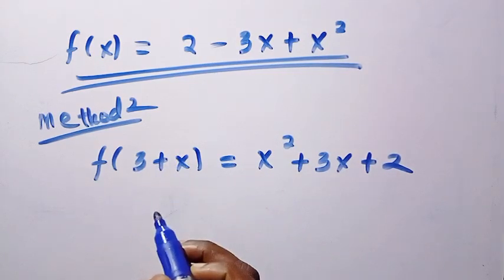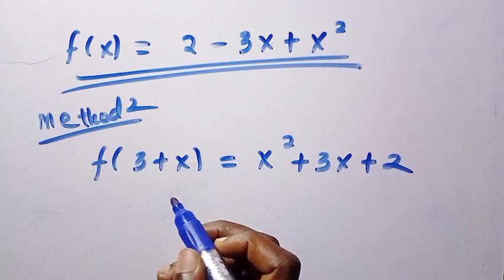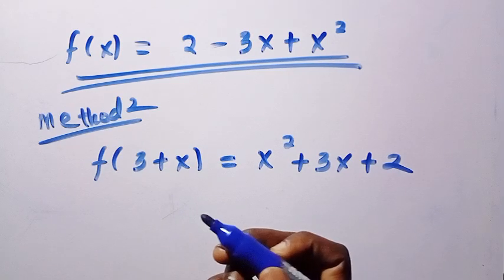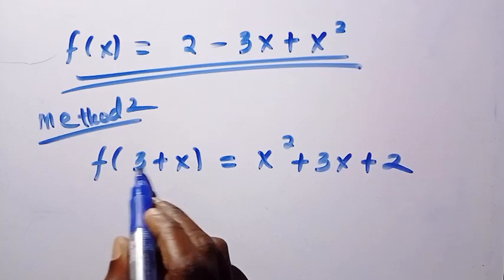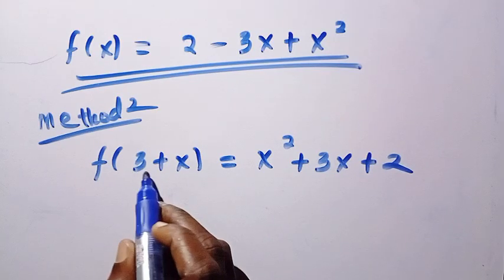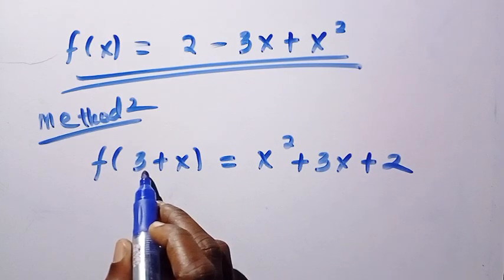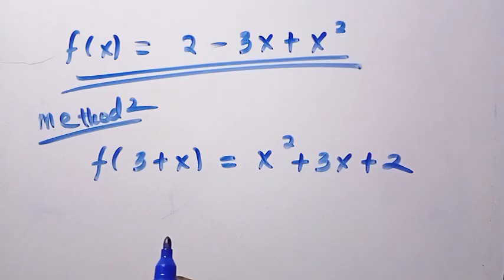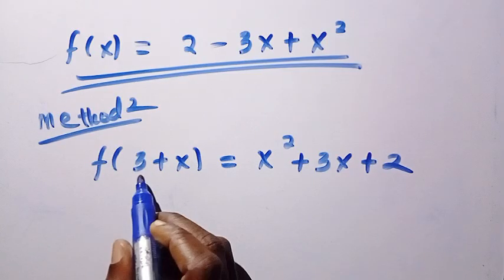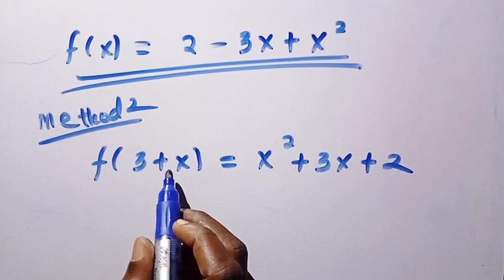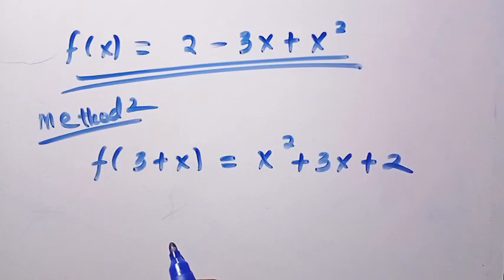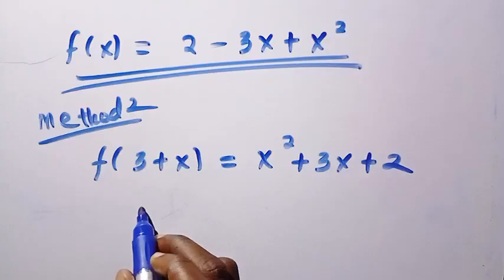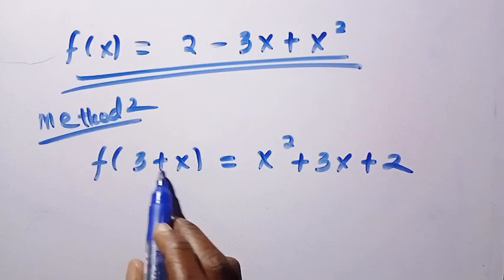So instead of doing all those manipulations, here we have 3 plus x. I want to change this 3 plus x to become only x. So what I will just do is replace every single 3 plus x here.